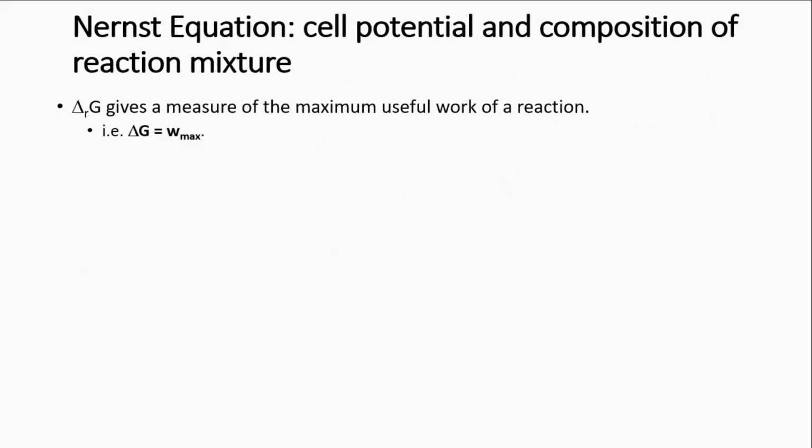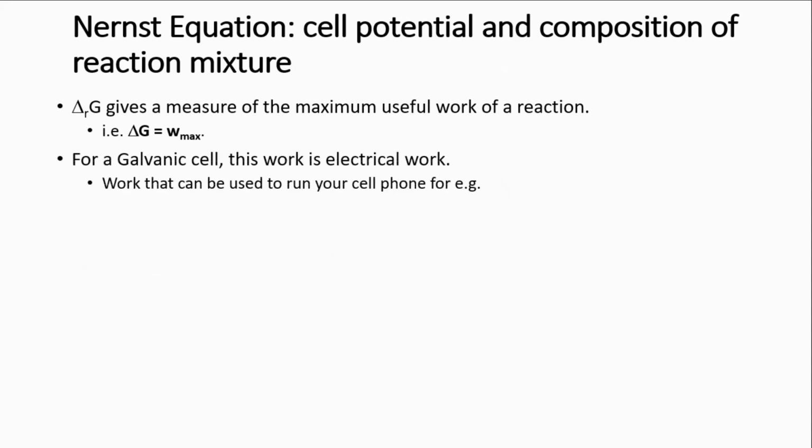Now, how do we make use of this? We'll see shortly. The free energy change for a reaction, delta G subscript R, gives a measure of the maximum useful work of a reaction, delta G equals W max. That's the maximum useful work of a reaction.